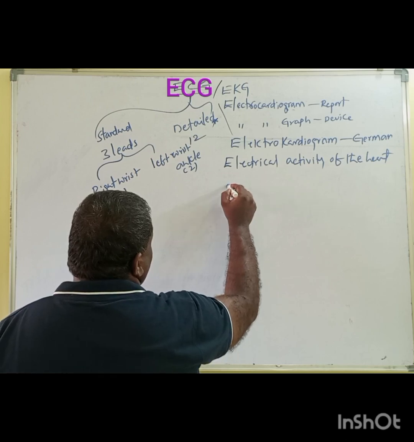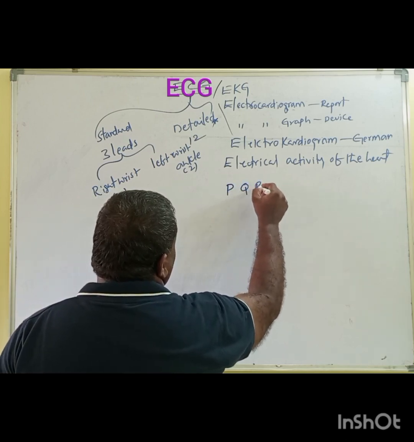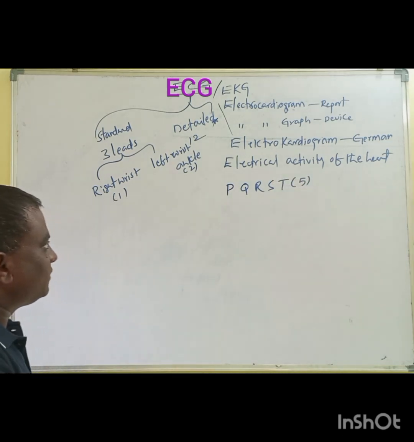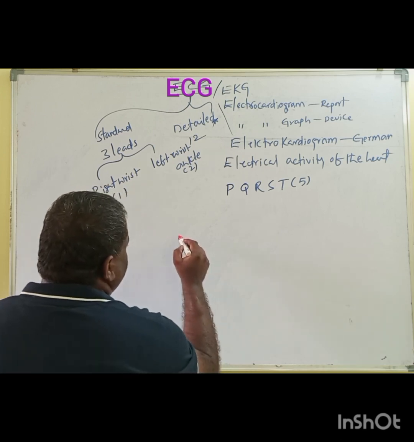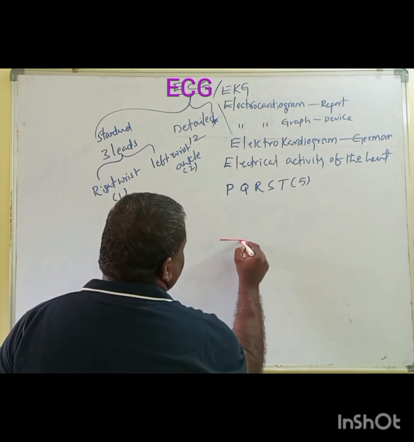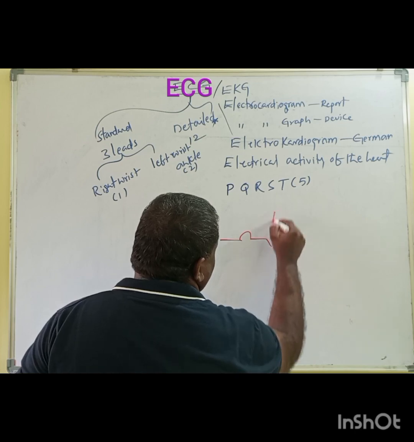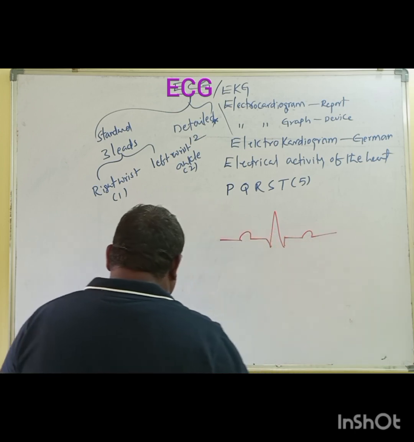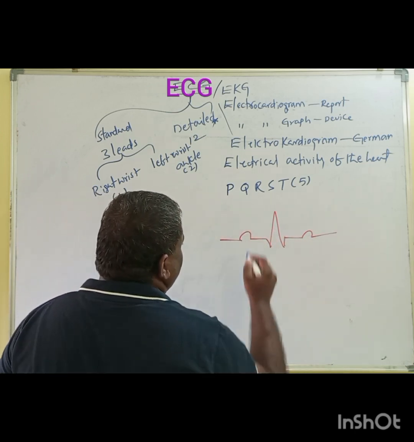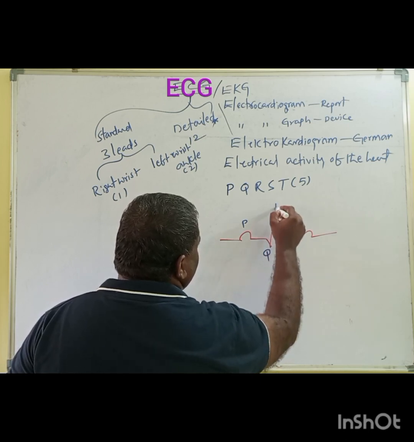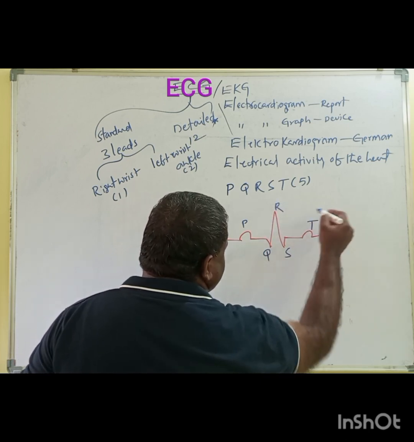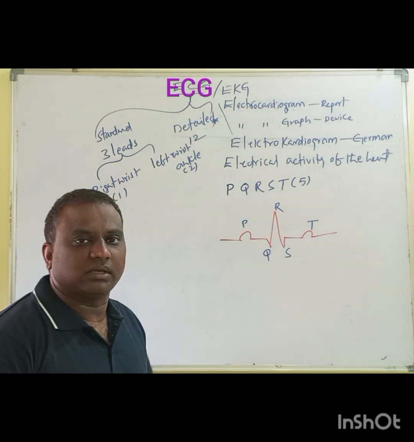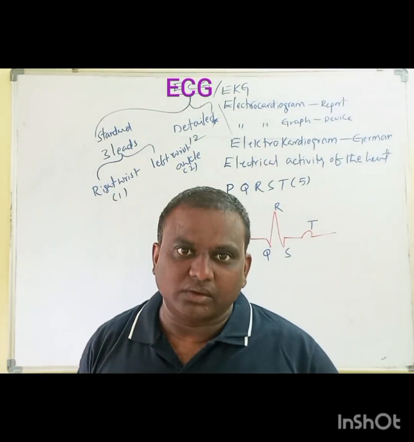They are P, Q, R, S, T. Out of the 5 waves, the P, R and T are the positive waves, whereas the Q and S are depressions, the negative waves.